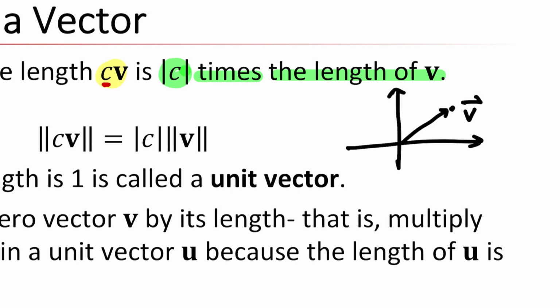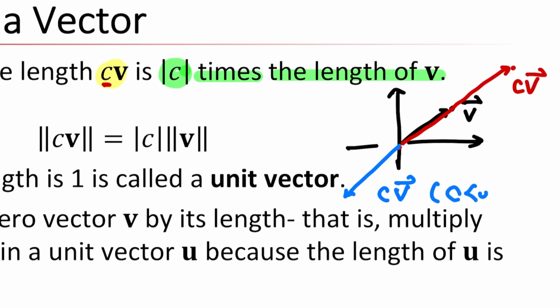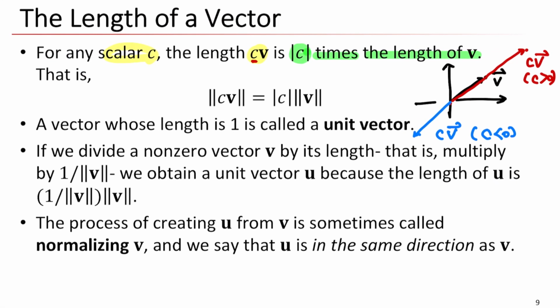If you multiply by the scalar c, the shape of cv looks like this, or like this if the sign of the scalar value c is negative. That is the shape of c times v when c is negative, and when c is positive.